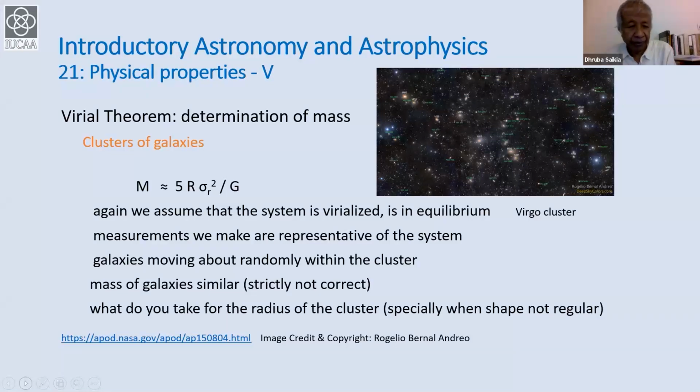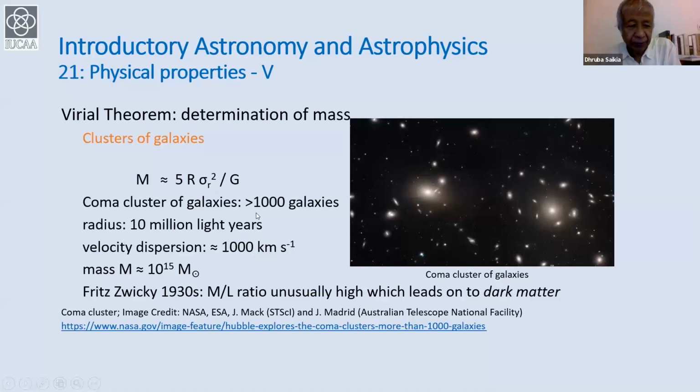It is from studies of the Coma cluster by Zwicky in the 30s that he inferred the existence of dark matter. The Coma cluster consists of over 1,000 galaxies, with a velocity dispersion of the order of 1,000 kilometers per second. If you plug this in, you'll get a total mass of the order of 10 to the power of 15 solar masses.